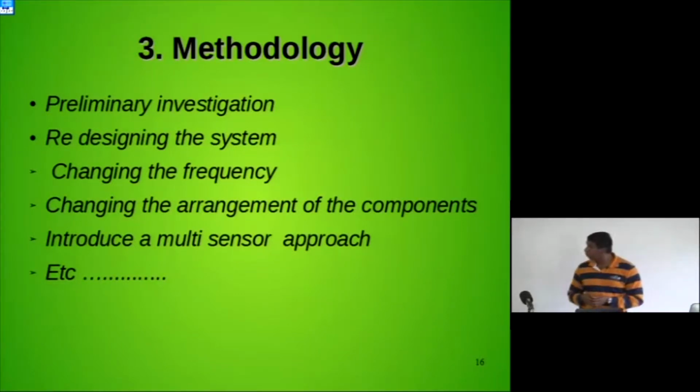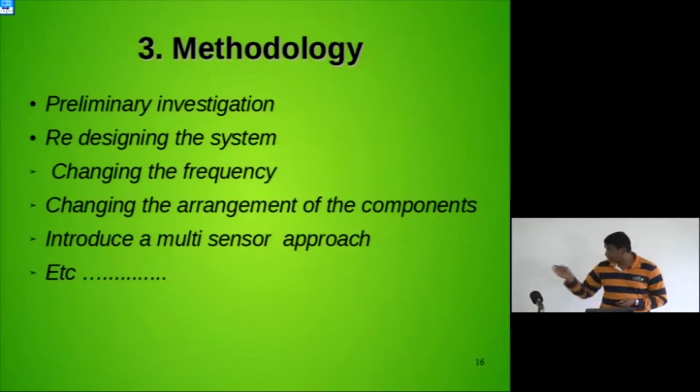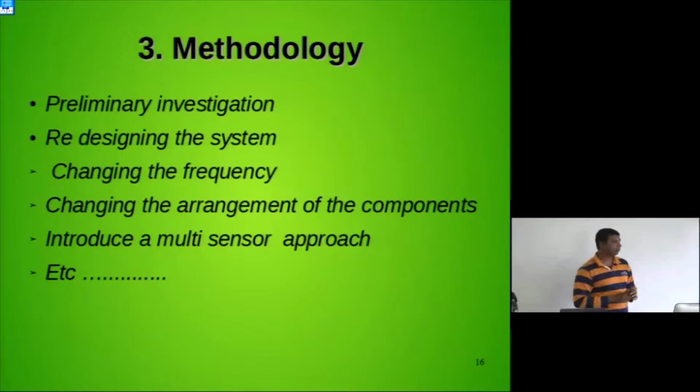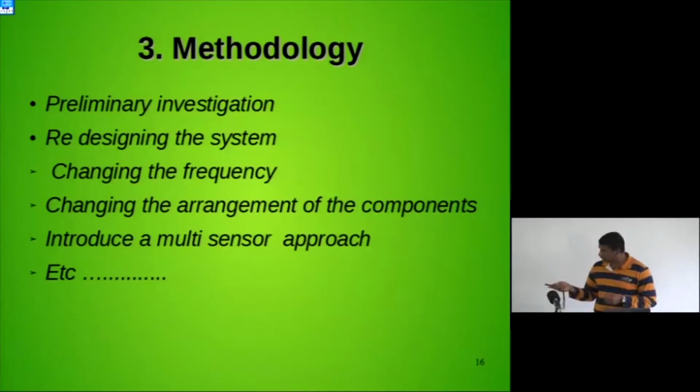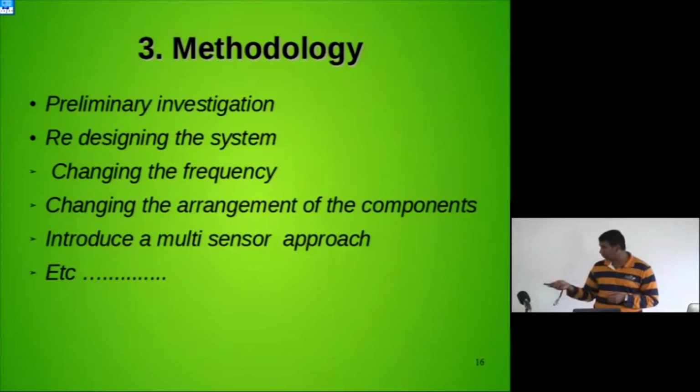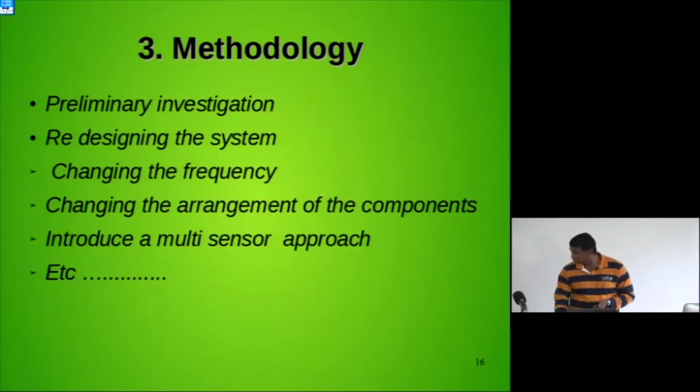And a multi-sensor approach. This means if you can't get the signal somewhere, we can use other sensors, like dead reckoning sensors or gyro sensors, to locate the robot.